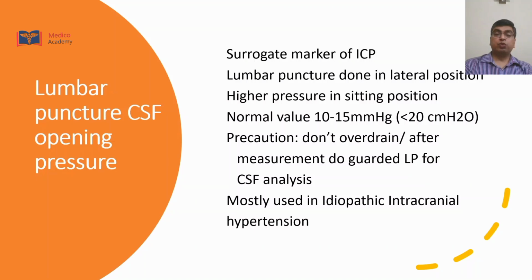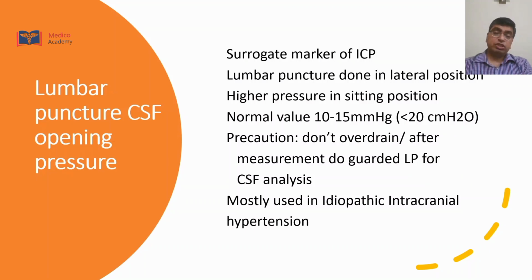Normal value is 10 to 15 millimeters of mercury or less than 20 centimeters of water. The precaution is that while doing the lumbar puncture when you expect the pressures to be high, don't overdrain the CSF. Overdrainage of CSF can cause tonsillar herniation or brain herniation.